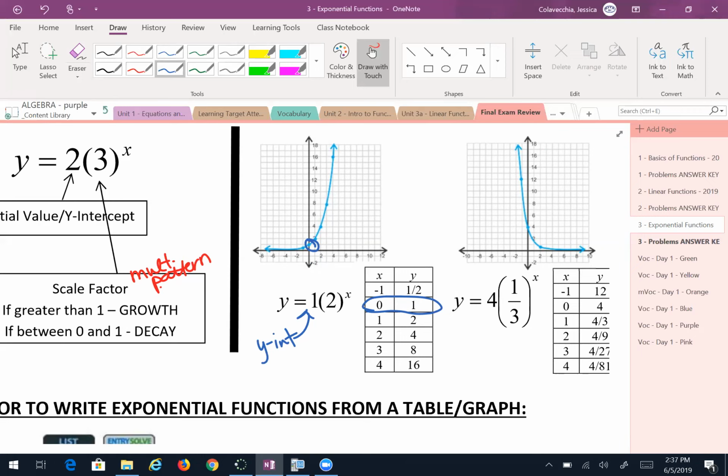Is this a growth or decay exponential function? Growth. And why is it growth? Because the graph is going up. Because the scale factor is above 1. Remember, this here is our scale factor. So this one was growth.